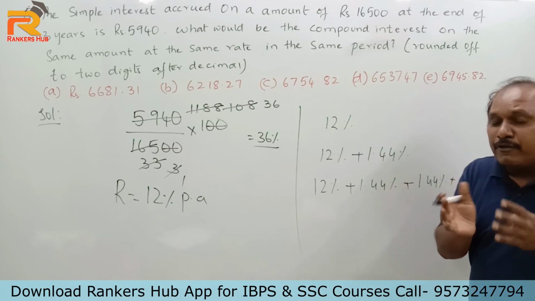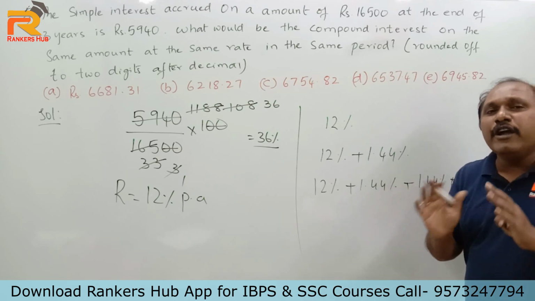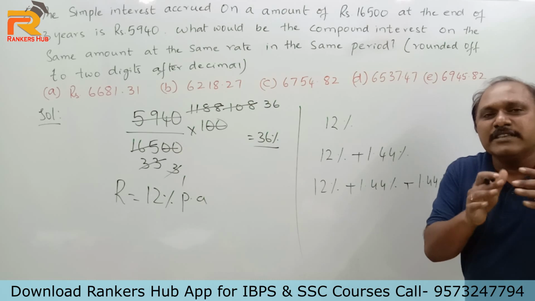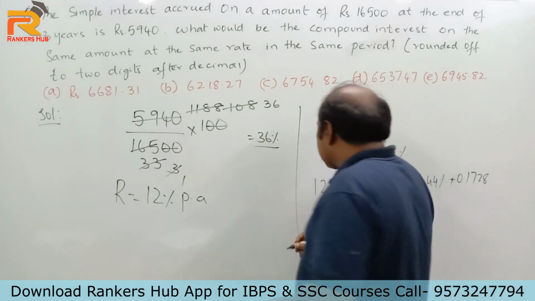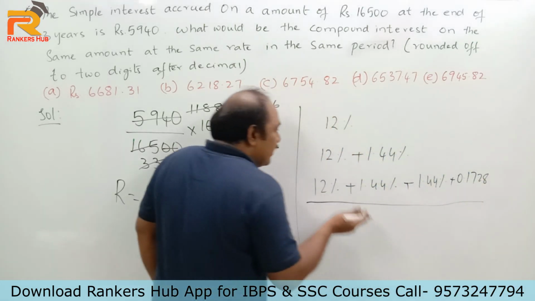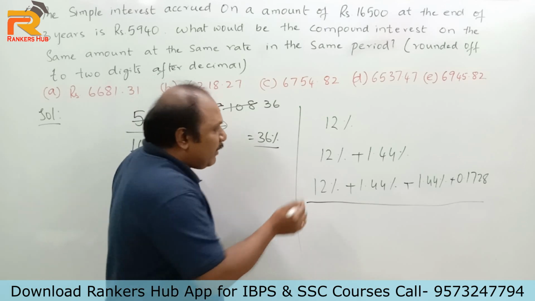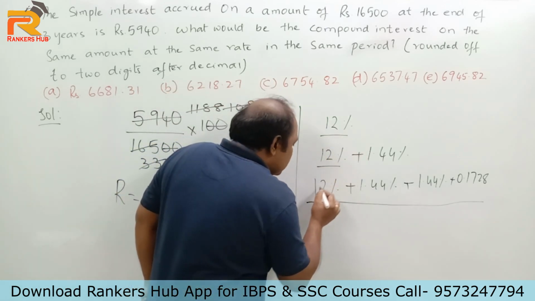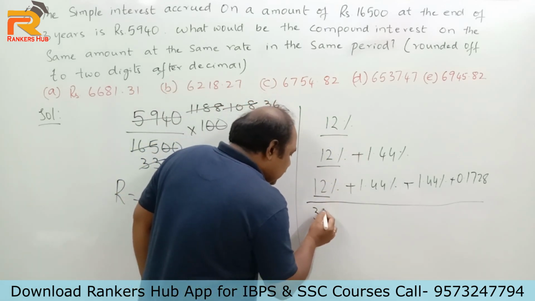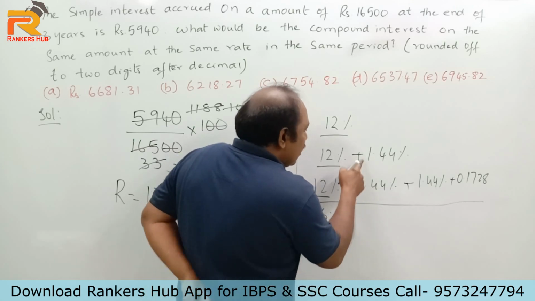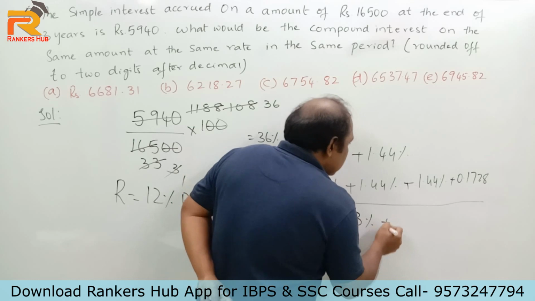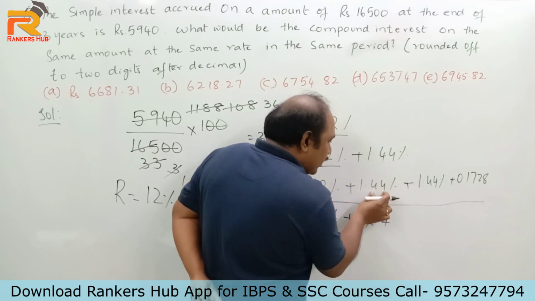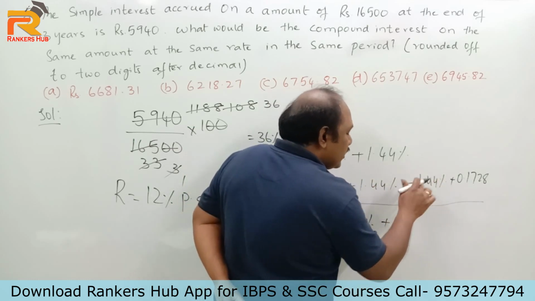Now 12 into 144, don't get panicked, 144 is 12 square. 12 square into 12, which is 12 cube. So definitely you will be getting 0.1728. So here the total interest earned, if that money is lent in compound interest, will be 12% plus 12% plus 12%, that is 36%, plus an additional 1% plus 1% plus 1%, 3%, plus, if you see carefully, 44 plus 44 is 88. 88 plus 44 is more than 1.